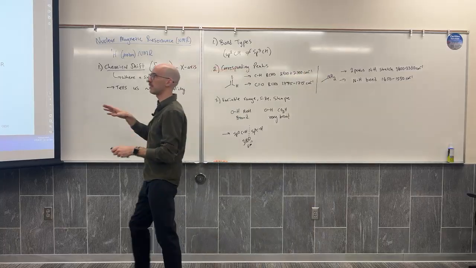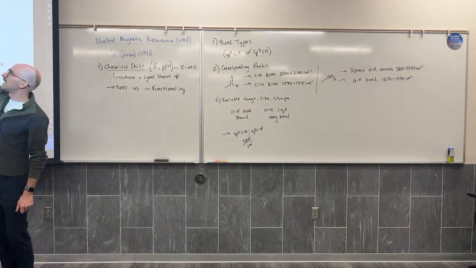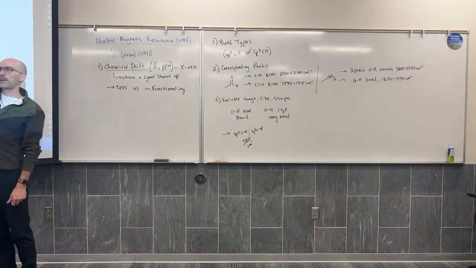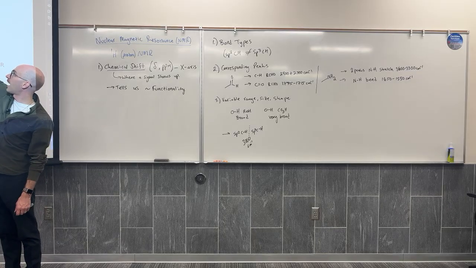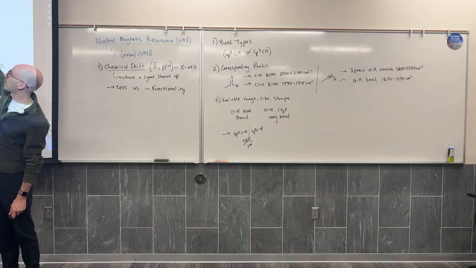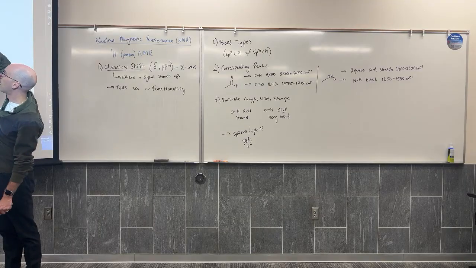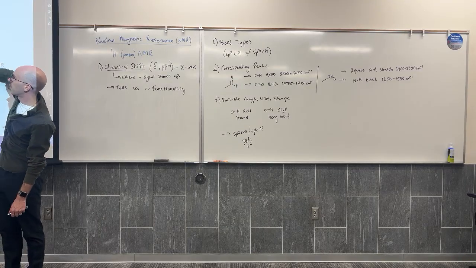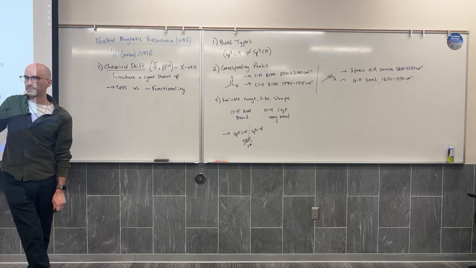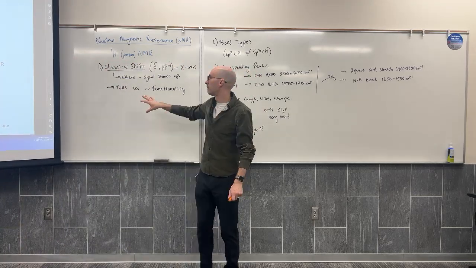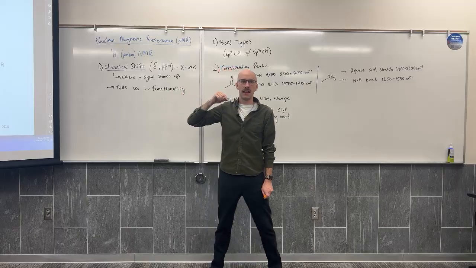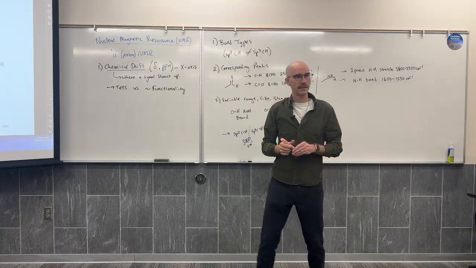The shielding from the electrons plays another role. If a hydrogen is closer to a hetero atom, it shows up further to the left. If a hydrogen is less close, further from a hetero atom, it shows up further to the right. But these chemical shifts have compounding effects.